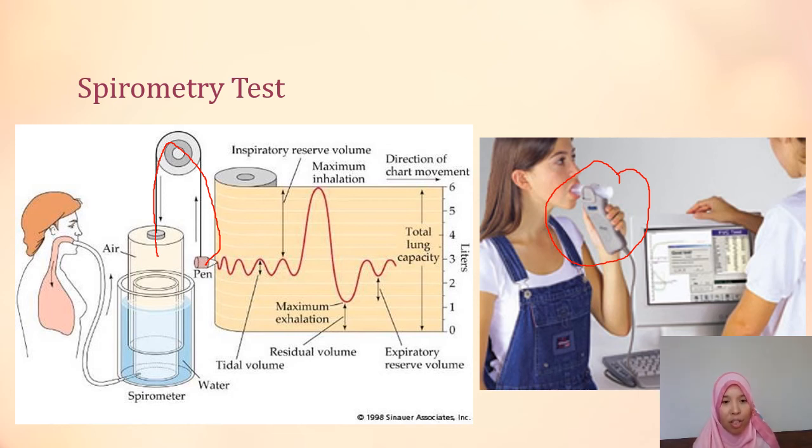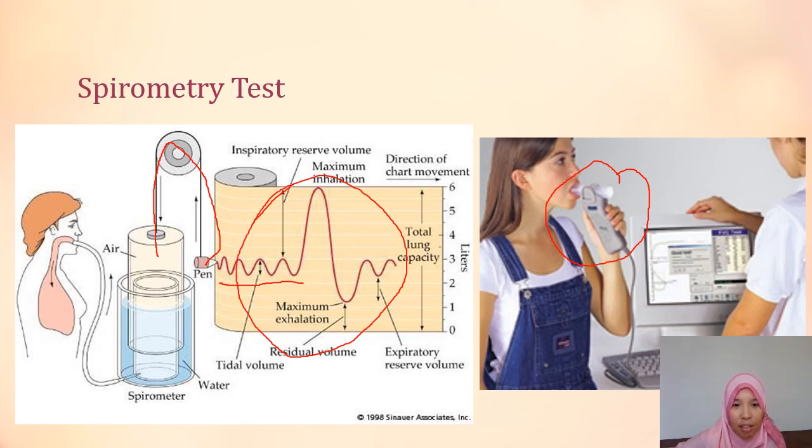Everything is computerized, so that movement or change is being recorded in the form of a graph that you can see here on a sheet of paper, right? But now we're not doing it this way anymore, because we have the computer and everything is digitalized, so everything is on the screen. So you should be able to see this graph coming out at the end of the test.